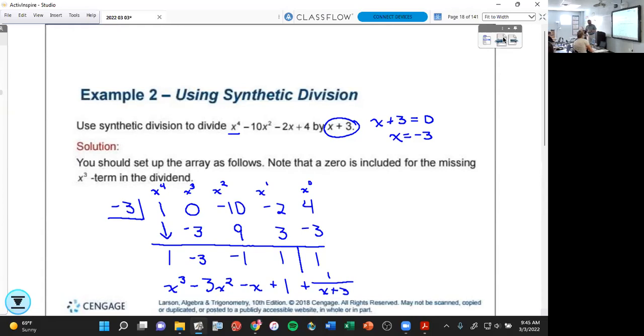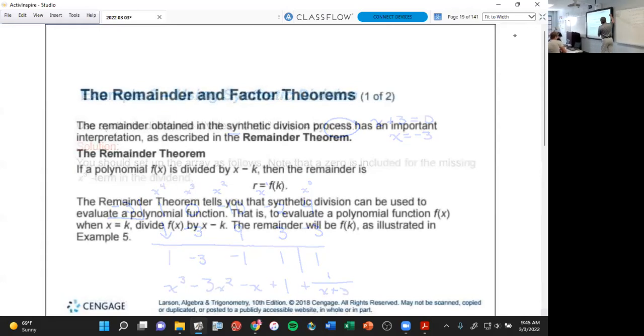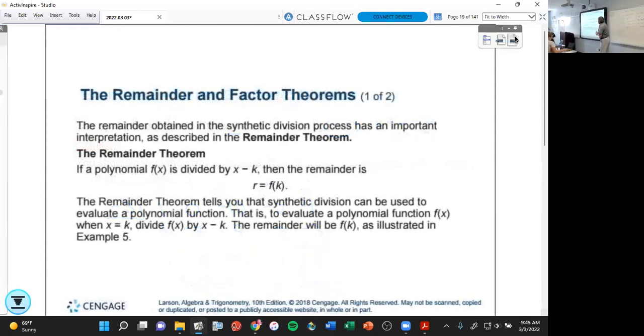So if I didn't have a calculator, doing the synthetic division does not take me any time. And plugging in -3 to the 4th power, I don't want to do that. I mean, it's easy, but does that make sense? So that's what the remainder theorem is telling us. We'll go back to that. The remainder is what you would get if you plugged that value into the function.